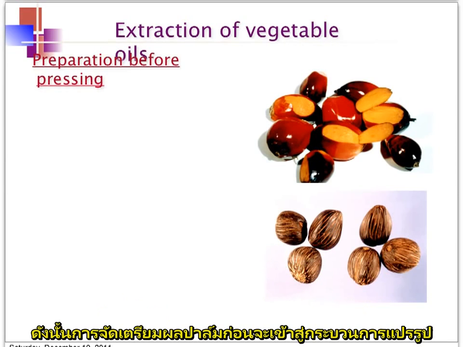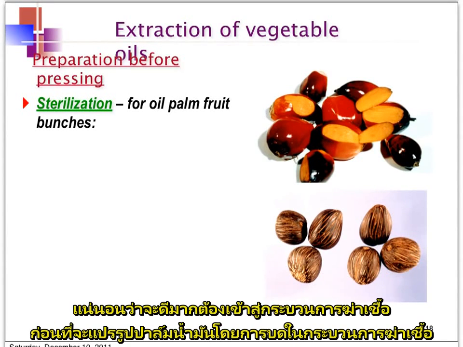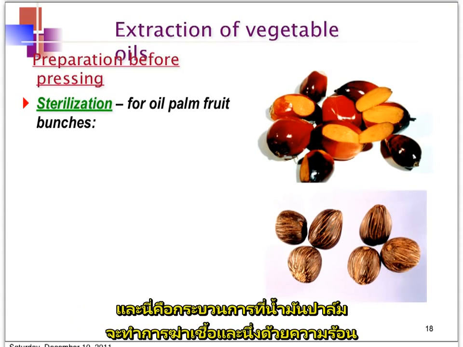So for the preparation of the oil palm fruits before processing, we usually go through the sterilization process. Before pressing out the oil from the oil palm fruits, the first step is sterilization. In this process, the oil palm fruit goes through sterilization in the sterilizer.